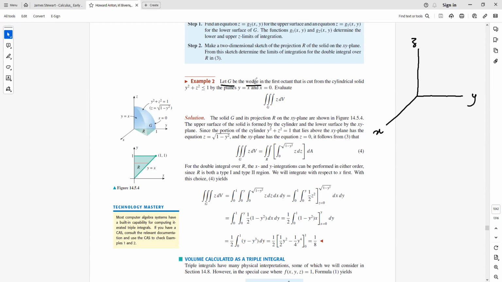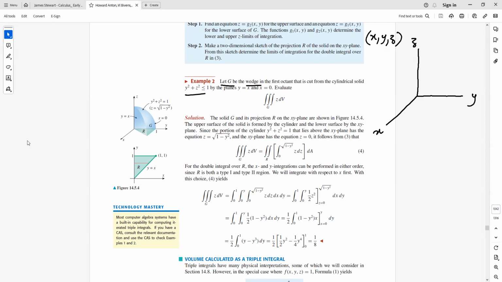And the wedge in the first octant means all X, Y, Z are positive, just like in the case of the XY plane, we have the first quadrant where X and Y are positive. So the octant that is cut from the cylindrical solid, y squared plus z squared less than or equal to 1.